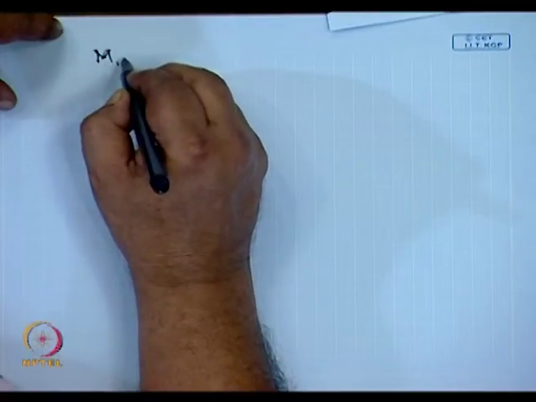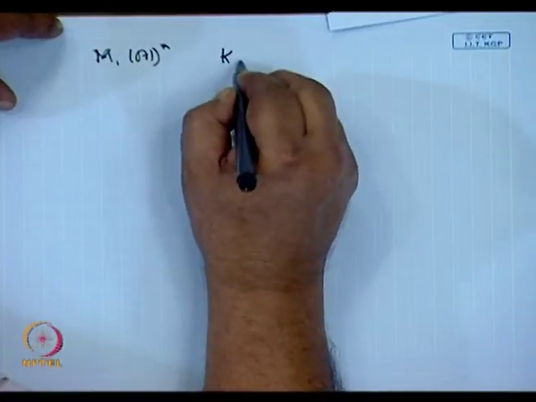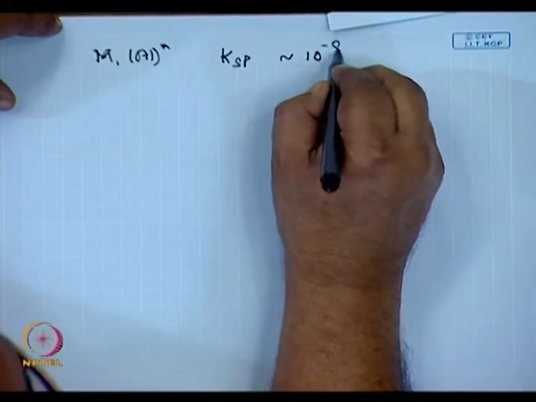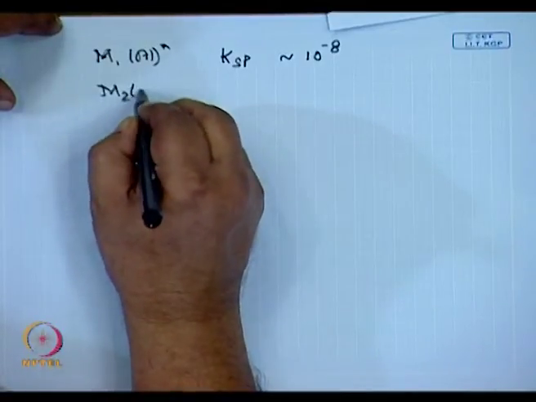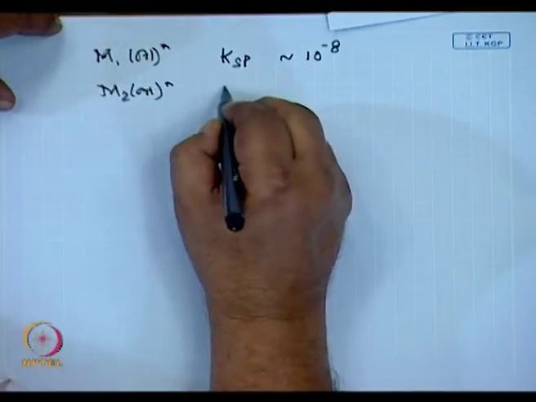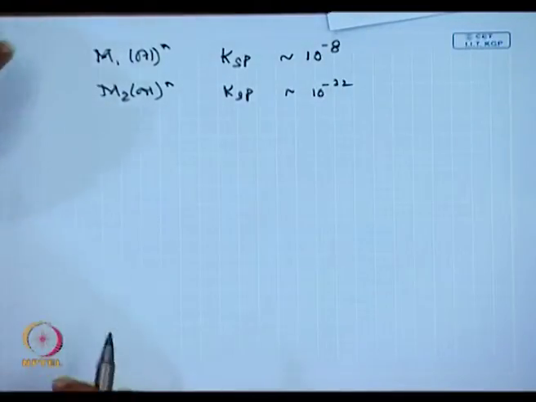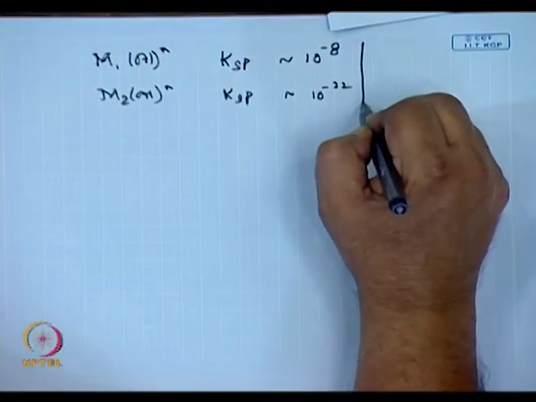Now, if I look at say the case of the metal ion M1 OHN, the KSP can be, let me pick up two numbers, 10 to the power of minus 8, whereas for M2 OHN the KSP can be 10 to the power of minus 22, let us say, widely varying.